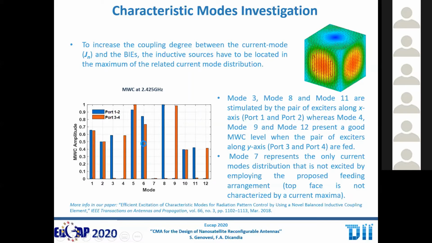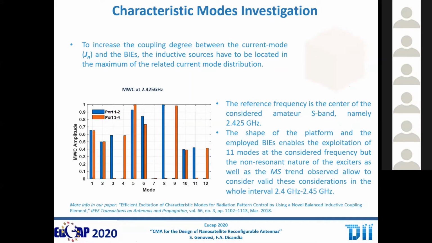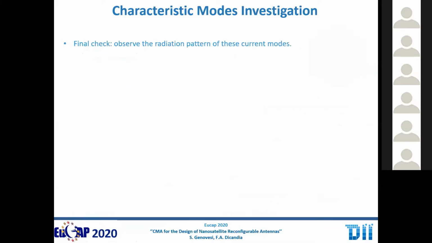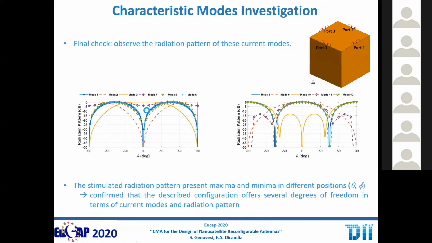But we thought we had enough with these 4 exciters. Again, we are considering the center band, but we can extend this result to the entire bandwidth from 2.4 up to 2.45. And so, of course, we have to check the radiation pattern corresponding to each mode.